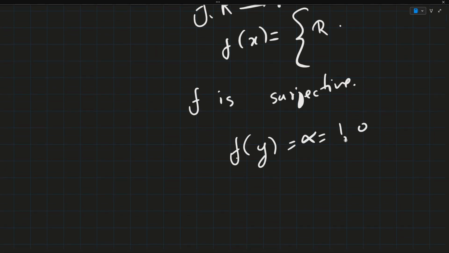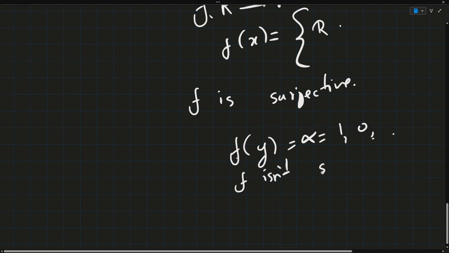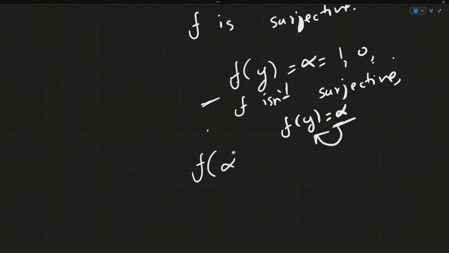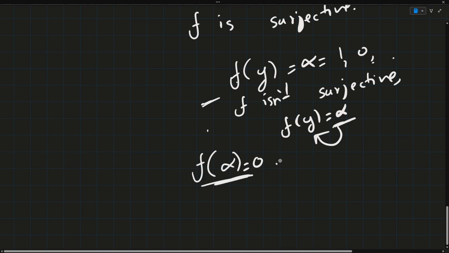This can be 1, 0 or anything. But if f is not surjective, then you cannot take f of y equal to alpha, because you have no proof that alpha exists for a given y. One helpful thing after proving surjectivity is taking f of alpha so that it equals 0. We can use it for many equations.